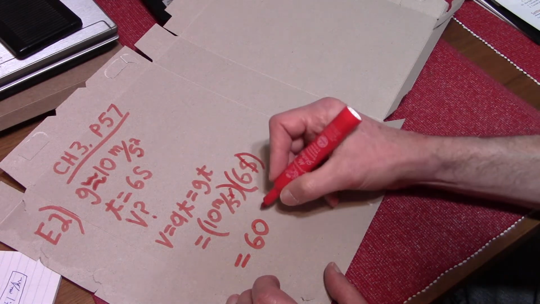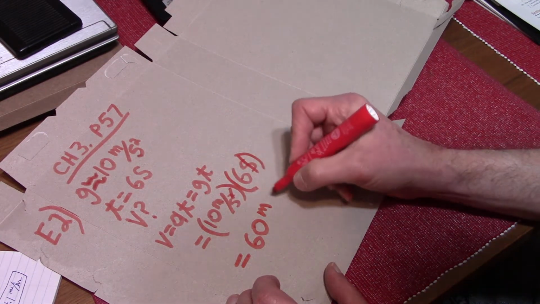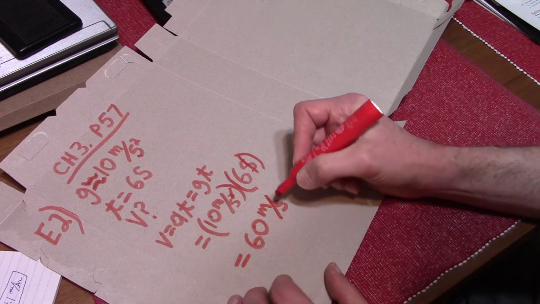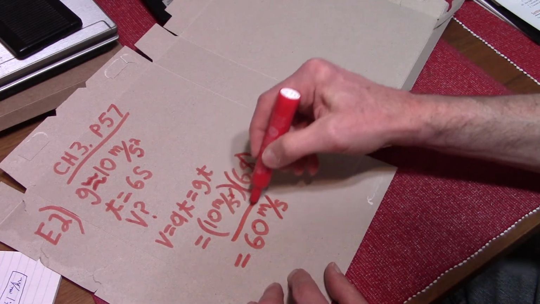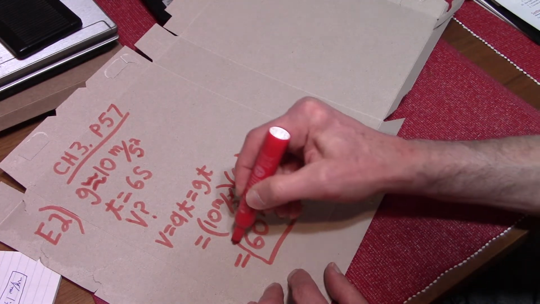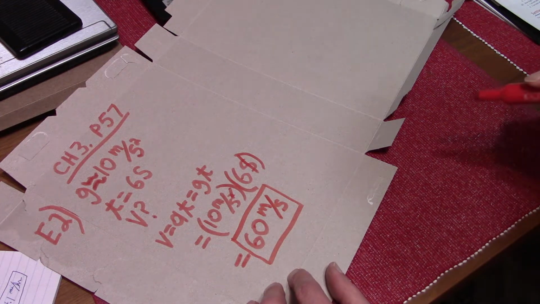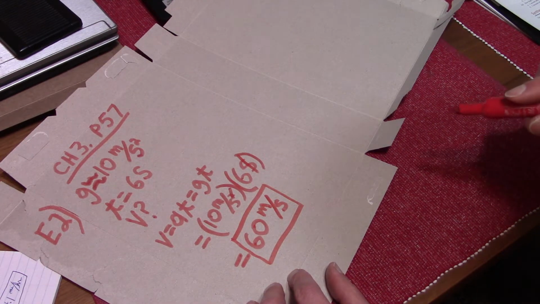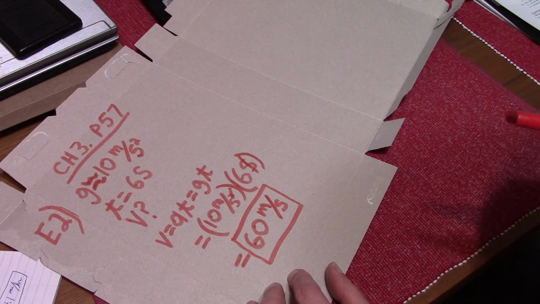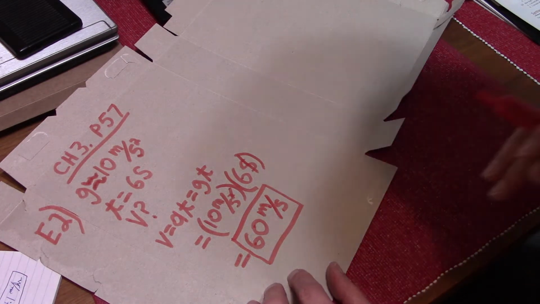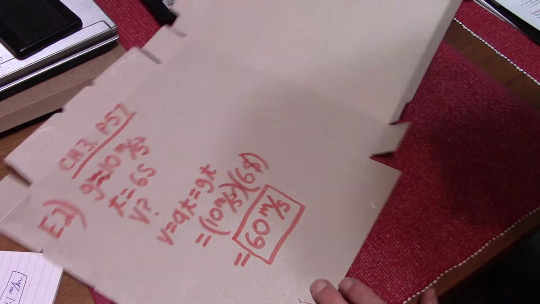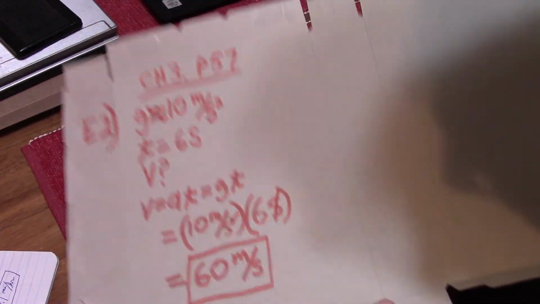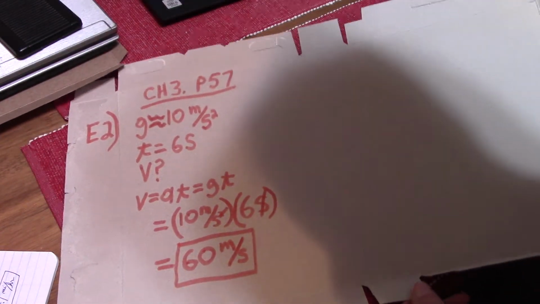And what units are you left with? Meters per second. Voila. That's your answer. The universe is amazing. You can do math and you can accurately figure out how the universe works. Pretty neat stuff.